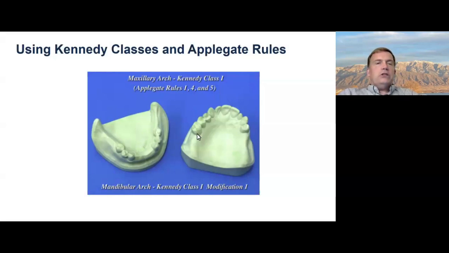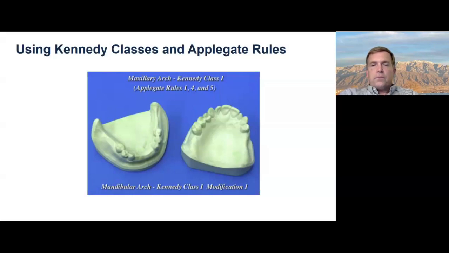That changes our Kennedy classification, because it would be a class 1 if we were replacing it, but now it's a class 2. Obviously that's going to make a huge difference in the design. It'll change the type of clasping we'll use and the amount of coverage on the arch. So that one tooth, the decision to replace or not to replace, makes a huge difference.